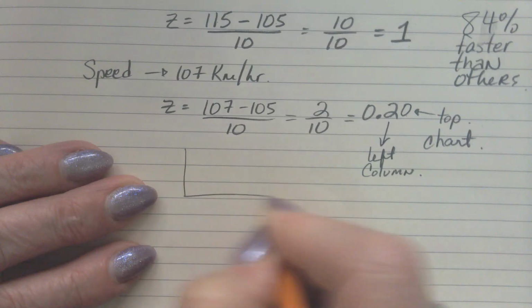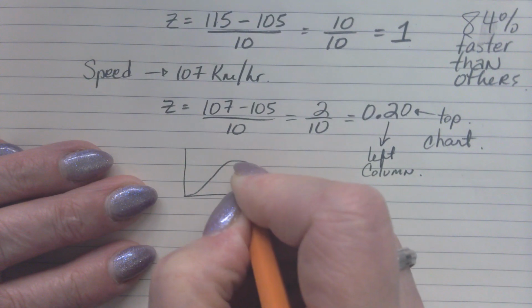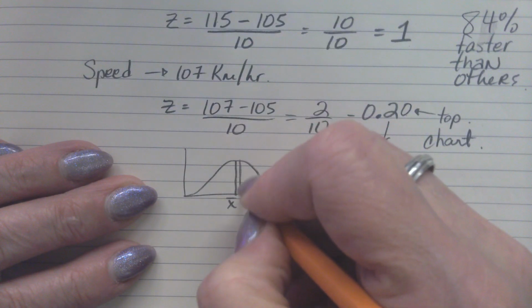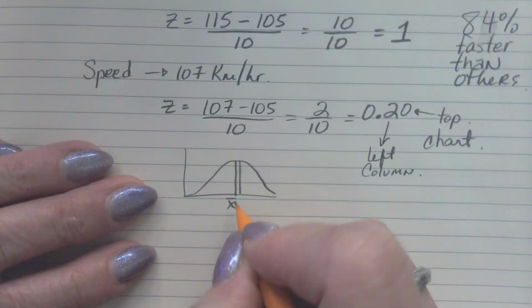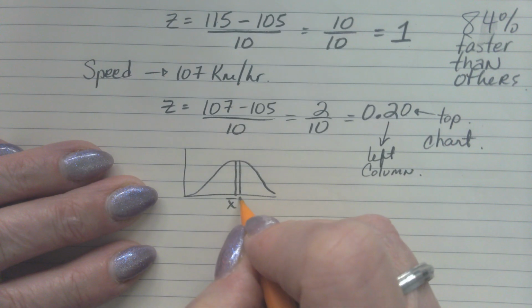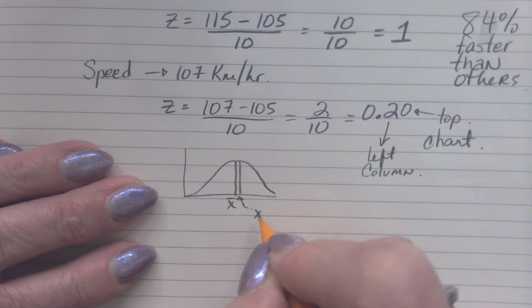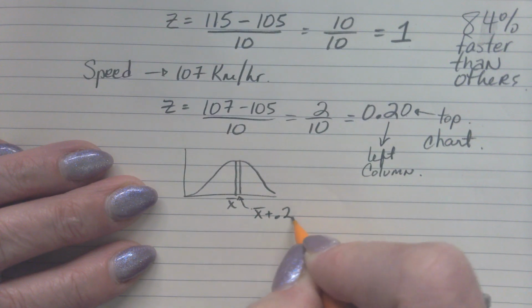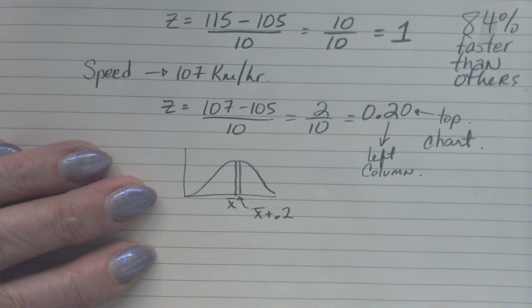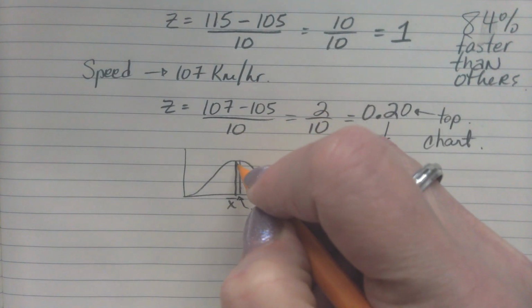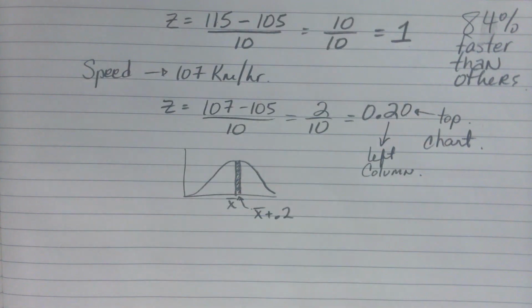So here's my mean. 0.2 is just slightly above, because I'm the mean plus 0.2 of a standard deviation. I'm 1/5 of the way to the next standard deviation. So that value that's in the chart is only that piece right there.